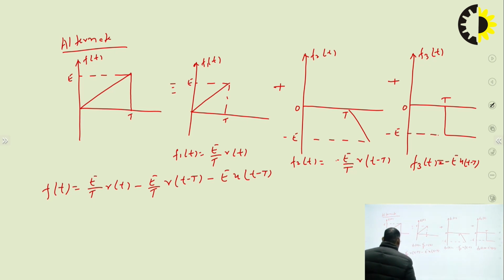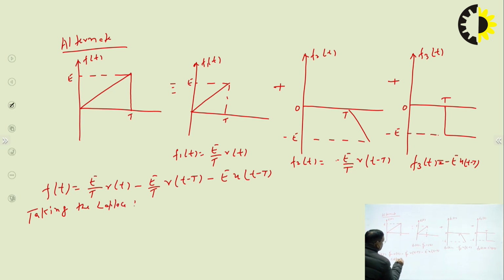Okay. So this is a ramp. This is the shifted ramp, and this one is the shifted unit step. In the straightforward way we can carry out the Laplace transform here, taking the Laplace transform on both sides.